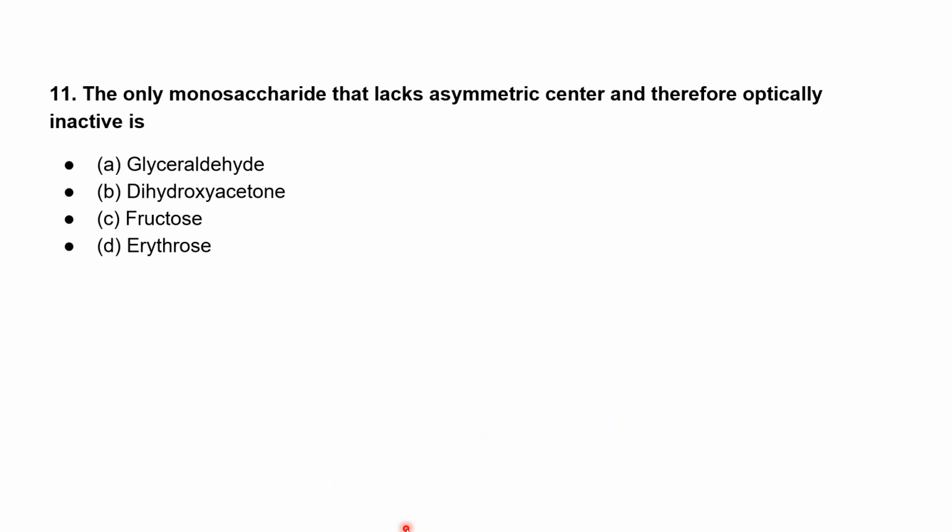So the next question is: the only monosaccharide that lacks an asymmetric center, and therefore is optically inactive, is. They don't have any symmetry and are optically inactive also. Option A is glyceraldehyde, option B is dihydroxyacetone, option C is fructose, and option D is erythrose.